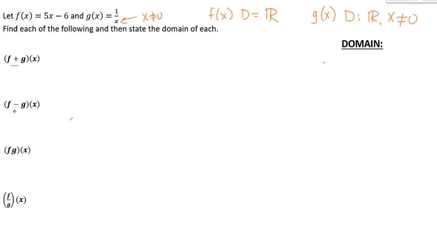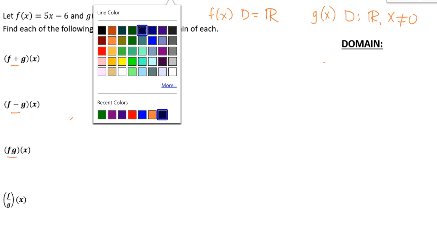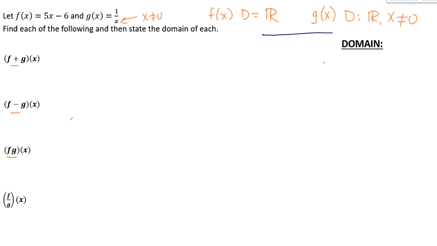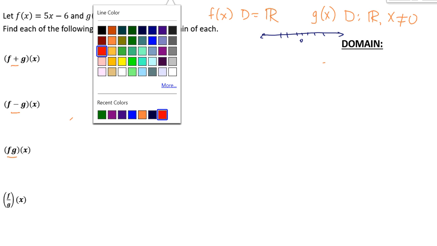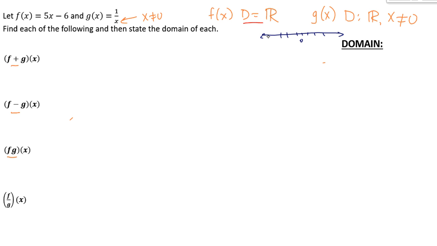Okay, here's the trick to these guys. f plus g, f minus g, and f times g are always the combined domains of those. For example, if I looked at a number line, here's 0. If I have a red domain here, that's all real numbers.